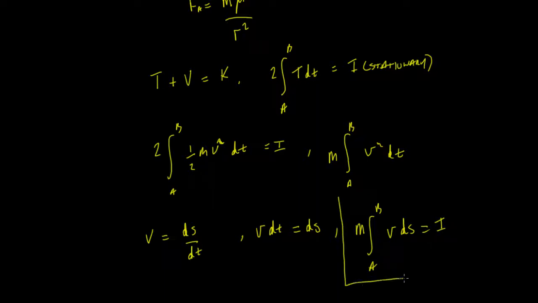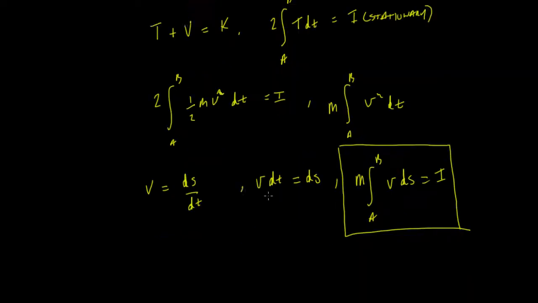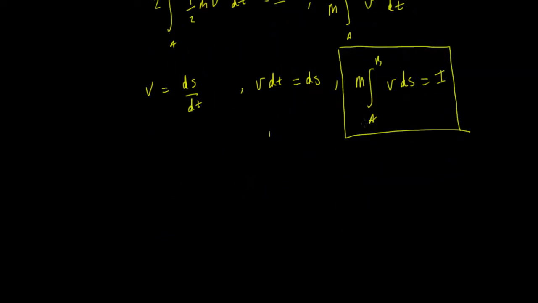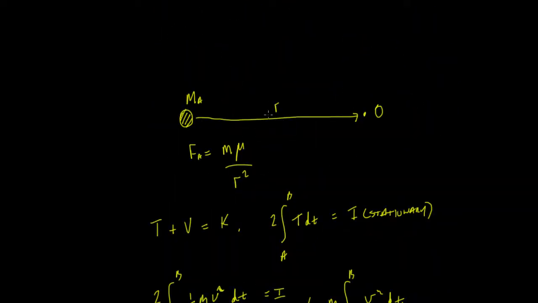Now we've got to find these values of v and ds and put them into this equation. Let's go ahead and do that. First of all, we're interested in our velocity, but with respect to our radius here.